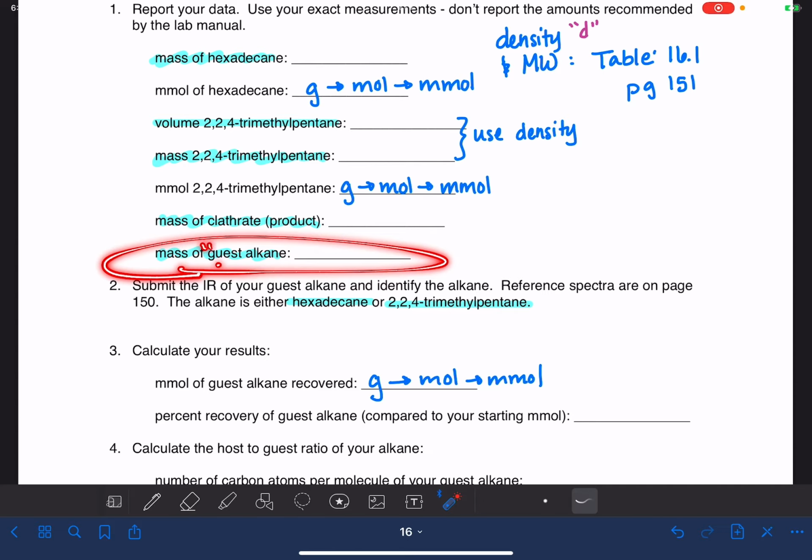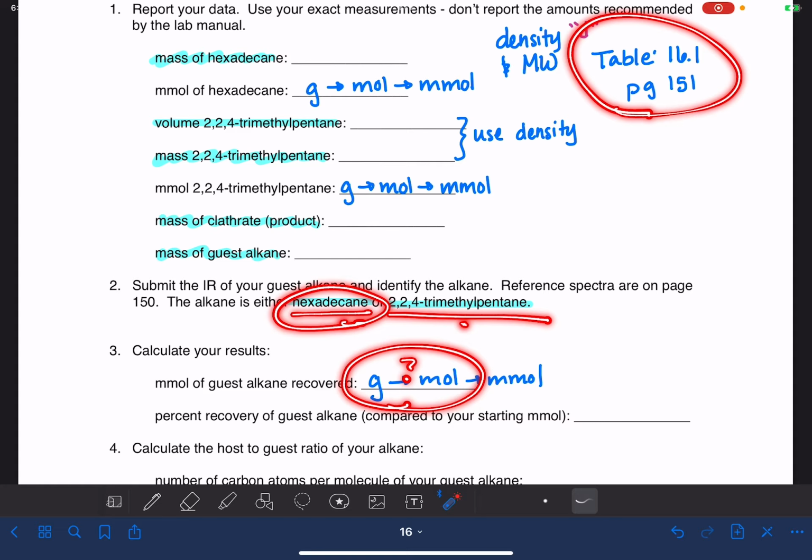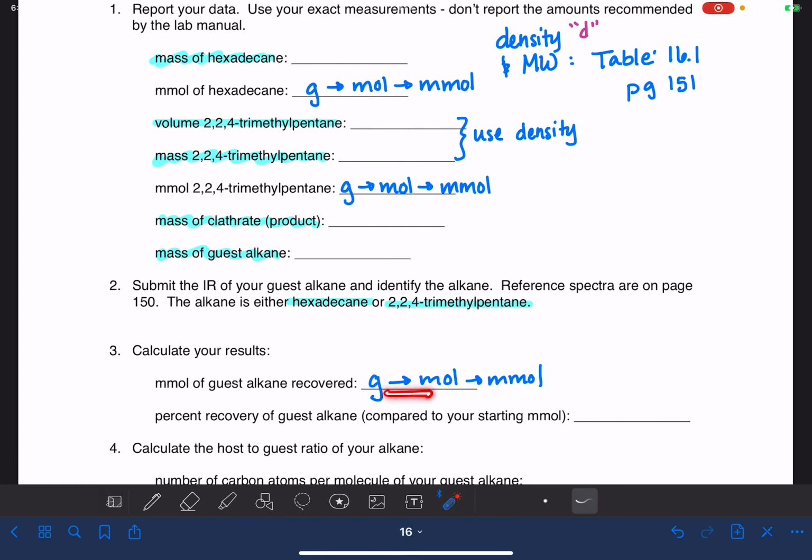The mass of the guest alkane, you're going to be using that mass to do this conversion. Remember you identified whether it's hexadecane or 2,2,4-trimethylpentane. So based on whatever you decided, let's say hexadecane, you're going to use the molecular weight of hexadecane from table 16.1 to help you do that conversion.